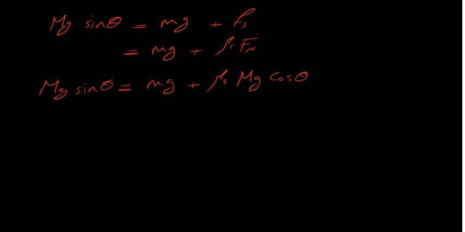Now let's put the capital M terms together. So it's going to be Mg; I'll take it as a common factor, and it will be sine theta minus mu s cosine theta, and that will equal mg.